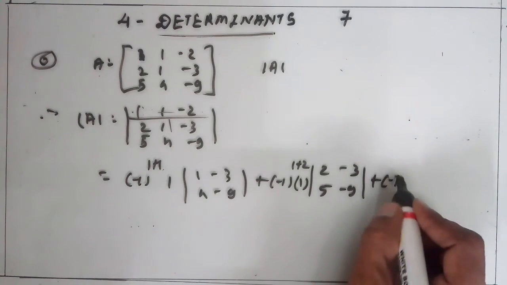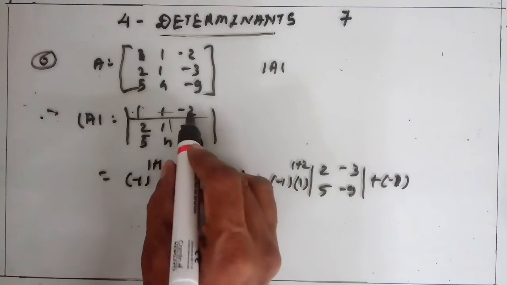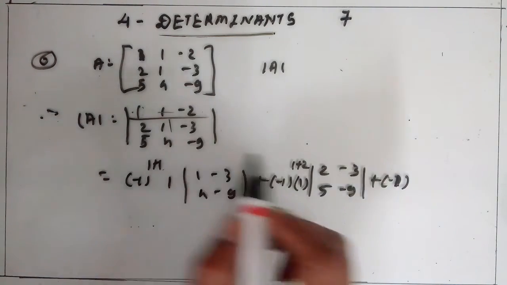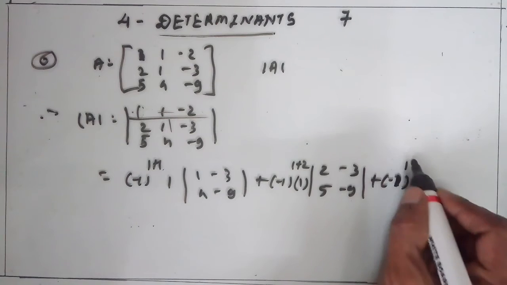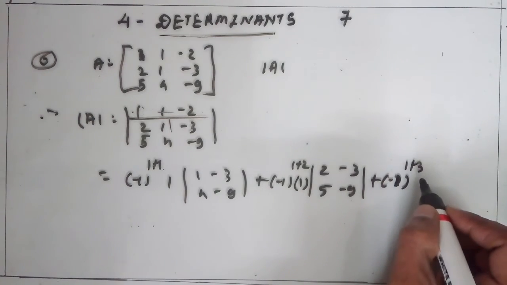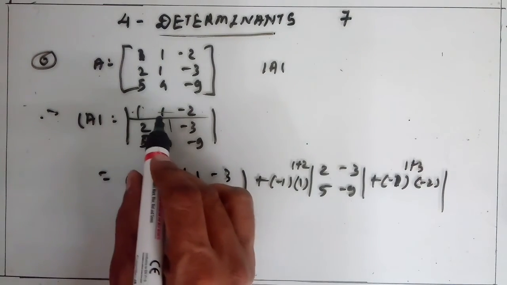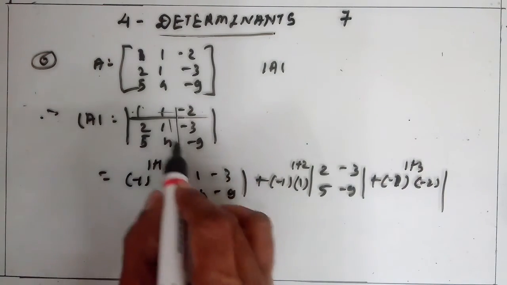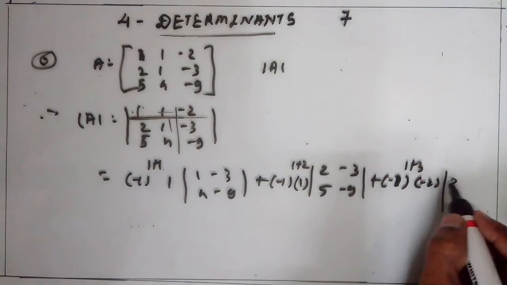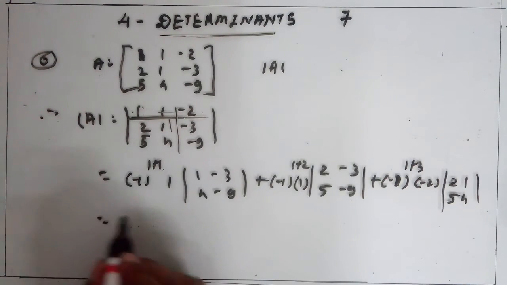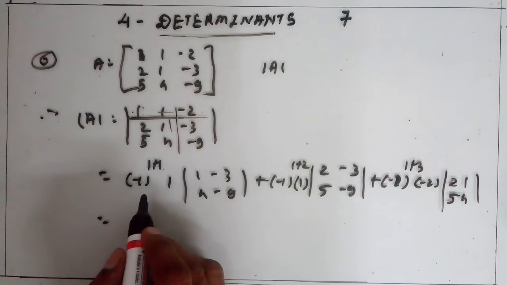Plus minus 1 raised to... Here minus 2 lies in the first row and the third column. So first row, third column, into minus 2, into the determinant. Removing this row and column, we get 2, 1, 5, 4.